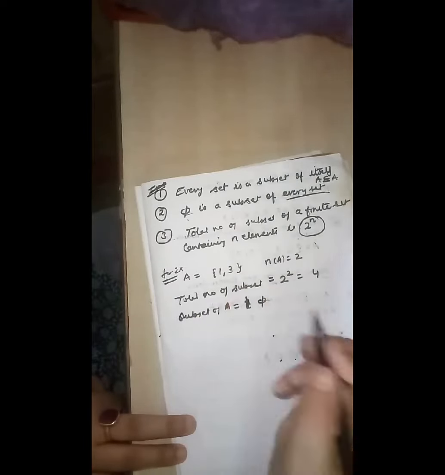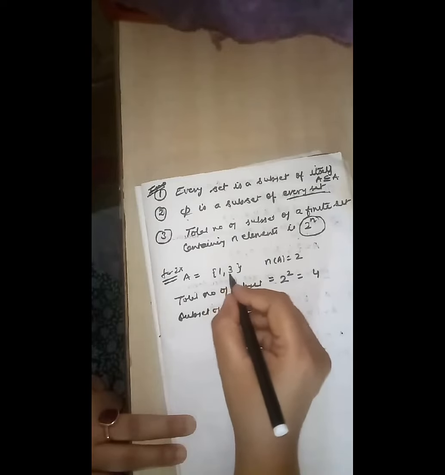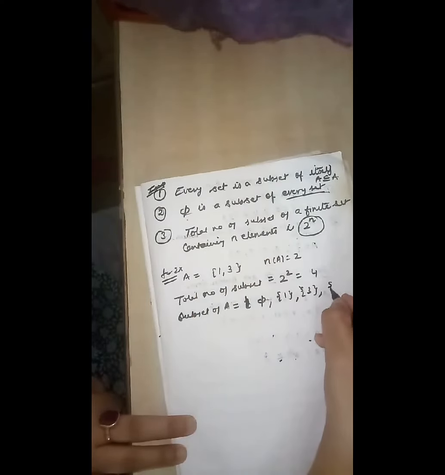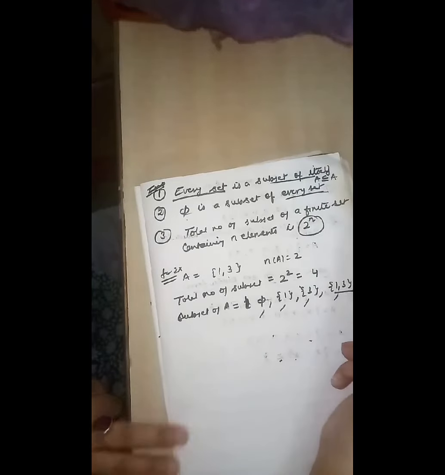Second, make the single element sets: {1}, {3}, and then taking the pair form {1, 3}. It means every set is a subset of itself, so A is a subset of itself. These are the total 4 subsets: 1, 2, 3 and 4.